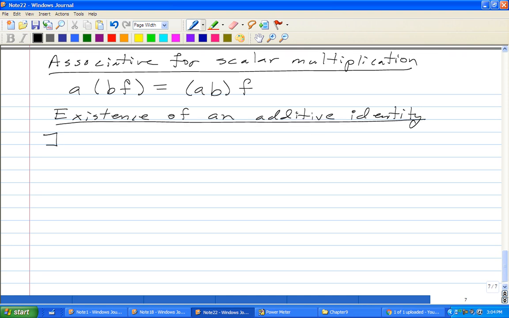So there exists some function 0 such that for all functions f, f plus the additive identity is just f, and the additive identity plus f is just f.